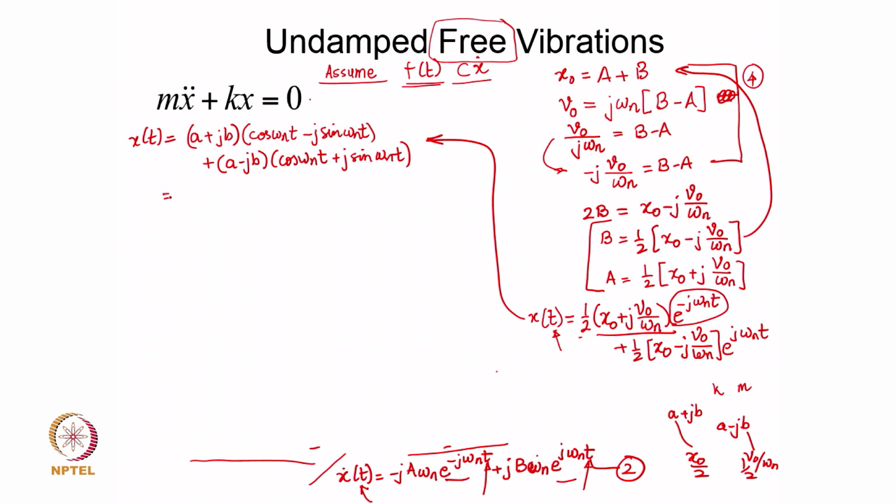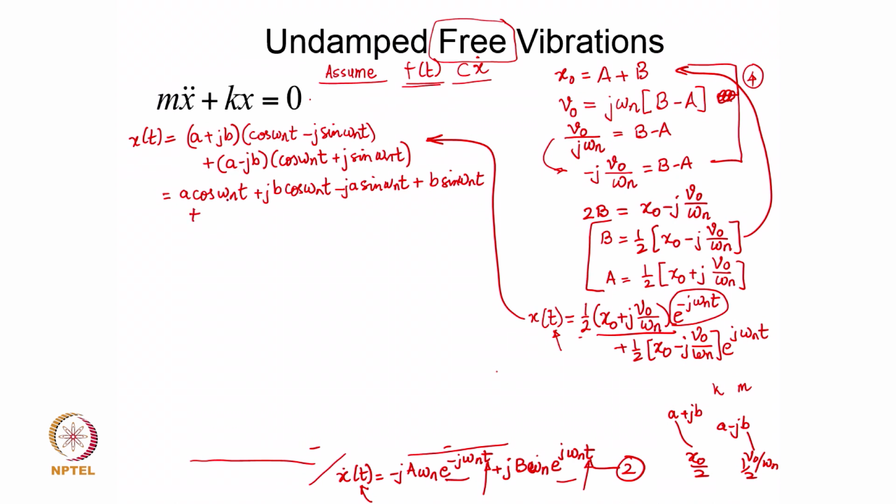Now, what do you get from here? You expand this, what you get is a cos omega n t and plus j b cos omega n t and then minus j a sin omega n t, and then that becomes plus b sin omega n t. You can try it yourself.